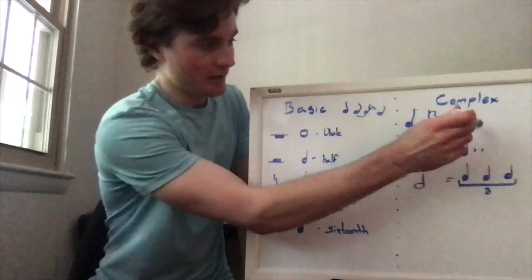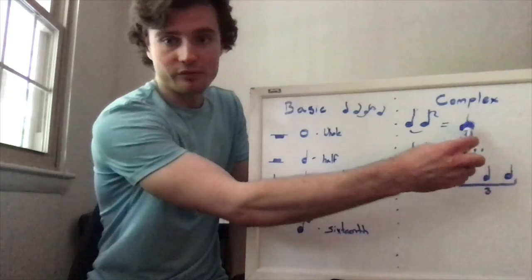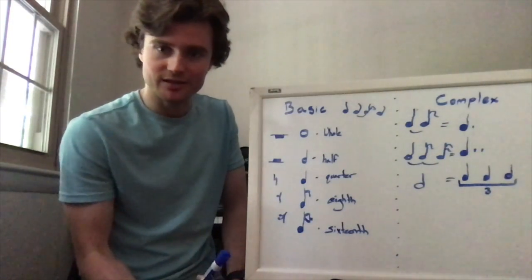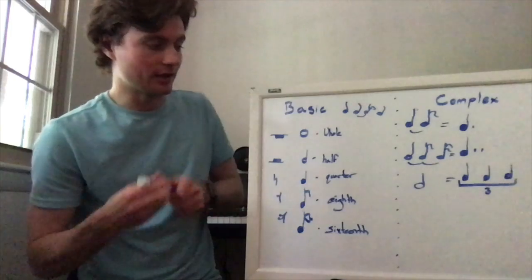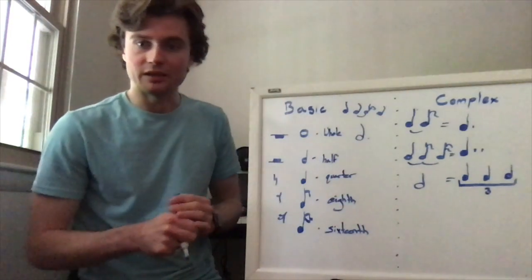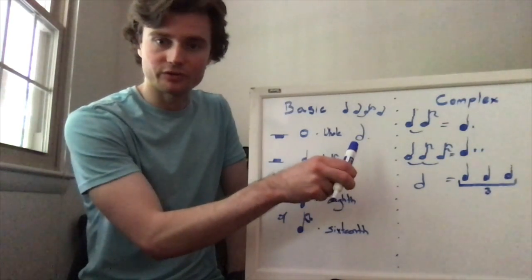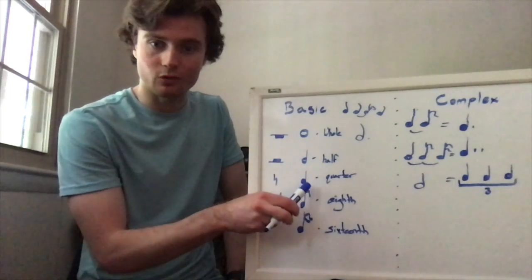This dot, to summarize, means that you extend the duration of that value by half of it. So if I have a dotted half note, for example, the dotted half note is equal to 1.5 half notes. So a half note tied to a quarter note.